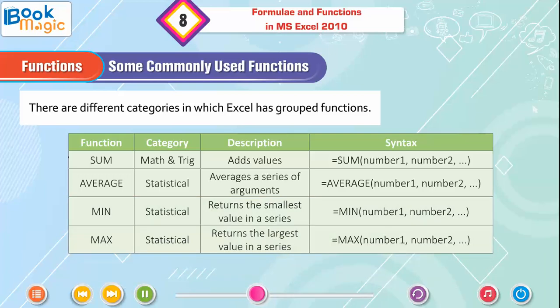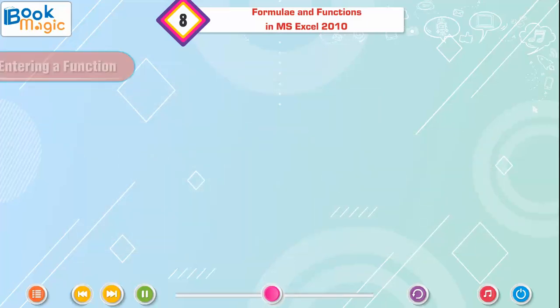MIN, statistical, returns the smallest value in a series, =MIN(number1, number2). MAX, statistical, returns the largest value in a series, =MAX(number1, number2).